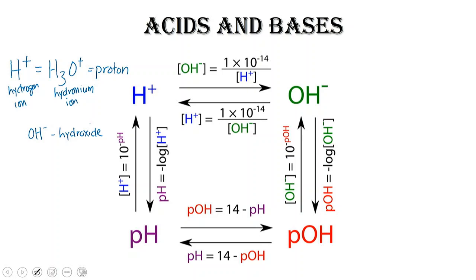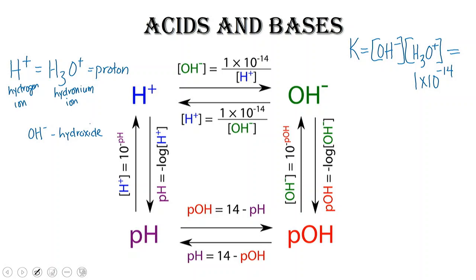All right, so based on the ion product of water, which is an equilibrium constant, we can say that the concentration of hydroxide times the concentration of hydronium is equal to 1 times 10 to the minus 14. Based on that information, we get this wonderful schematic in the middle of your screen.